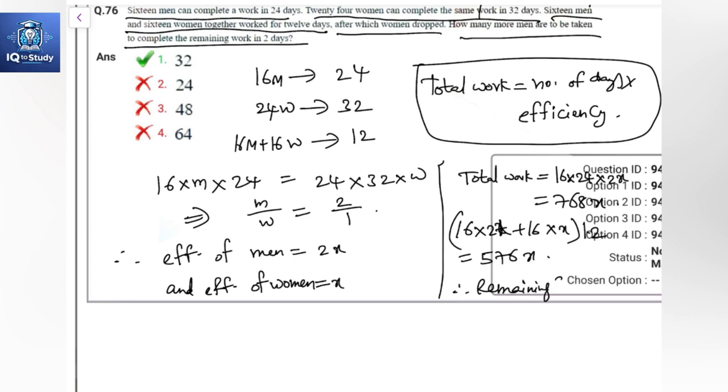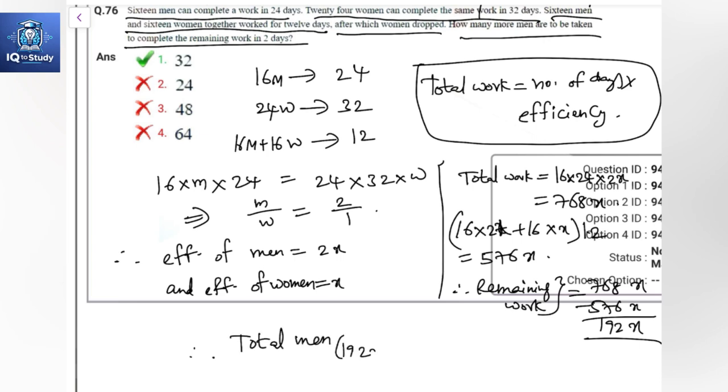Therefore, remaining work is equal to 768x minus 576x, which is equal to 192x. Therefore, total men required to complete the work in 2 days is 192x by 2 into 2, which is equal to 48 men.